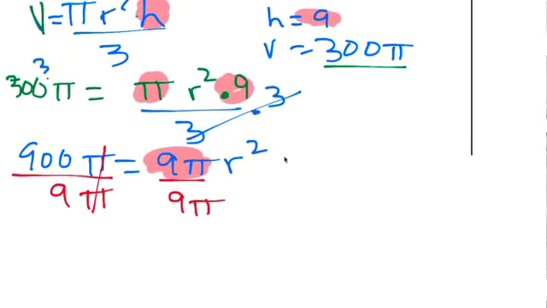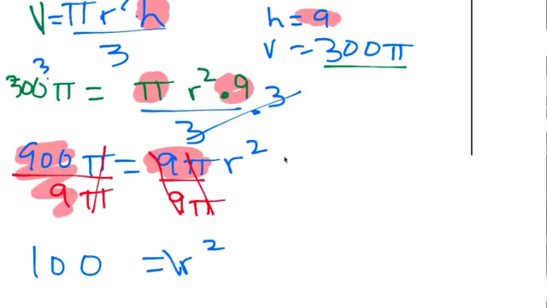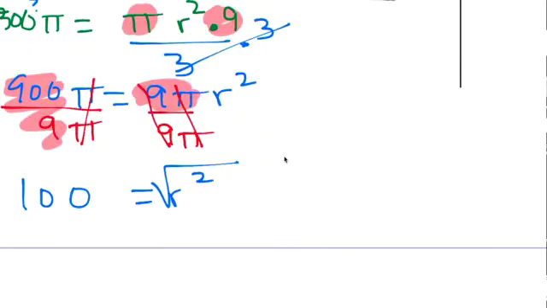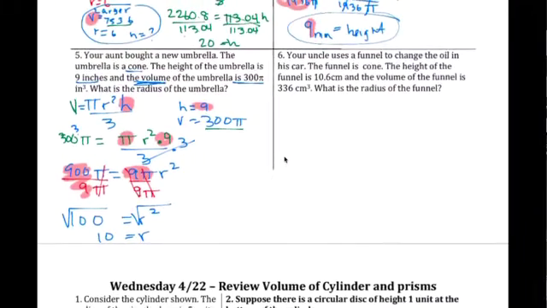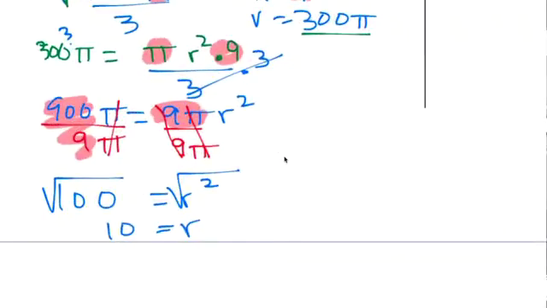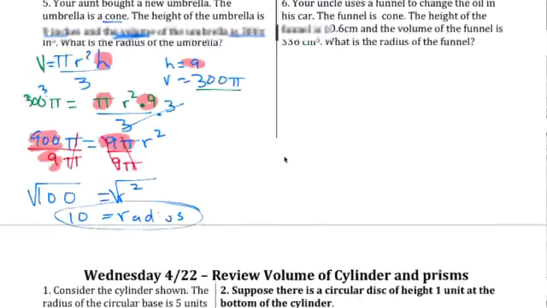Pi cancels out, these two cancel out, leaves you r squared only. 900 divided by 9 is 100. Take the square root because we want to find r and not r squared. So that gets you r, and the radius is 10. Okay, so radius equals 10.